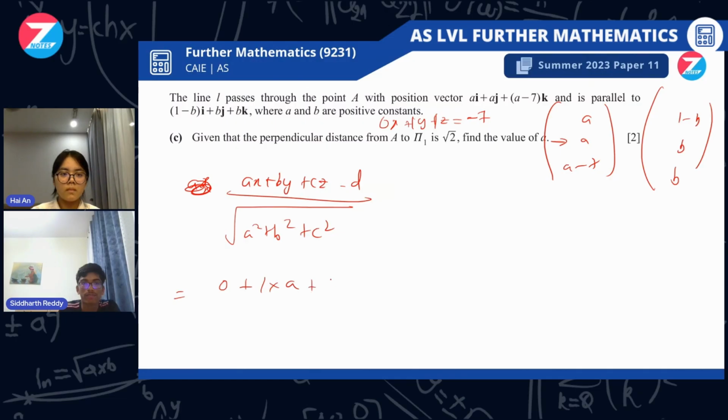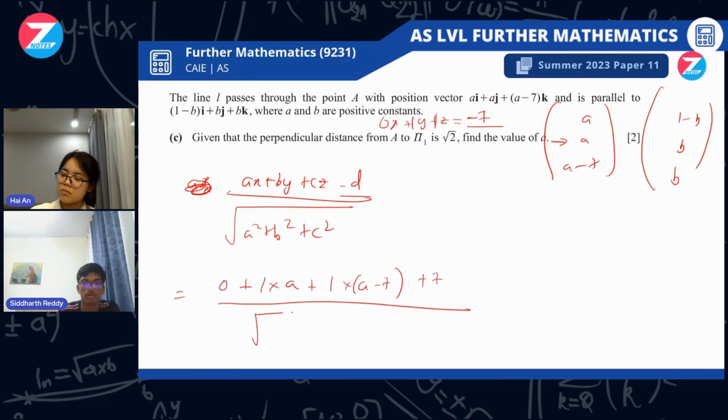plus 1 into the z coordinate also, which is a minus 7, and minus d. So minus d, which is minus 7, so minus 7 becomes plus 7, divided by the square root of a square plus b square plus c square, which is 0 square plus 1 square plus 1 square.